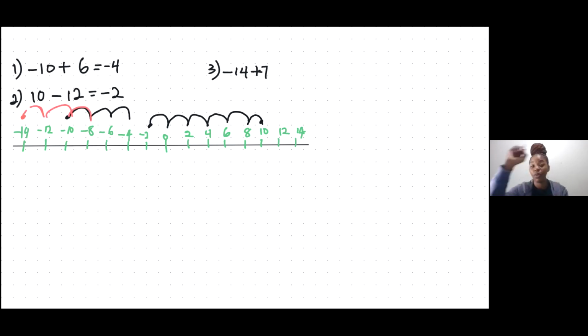But remember, if I move a whole leap, I'm going to get 8, but I want 7, so I'm going to stop halfway, which will be between -6 and -8. What will that be? -7. So that's actually my answer, -7. And last question.